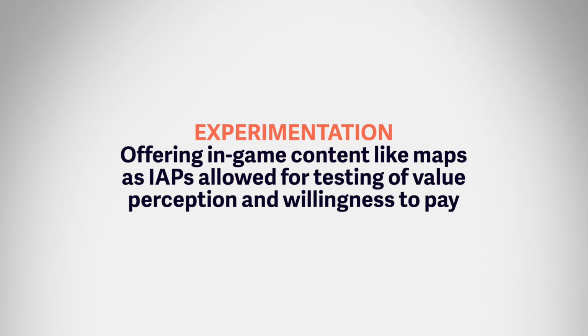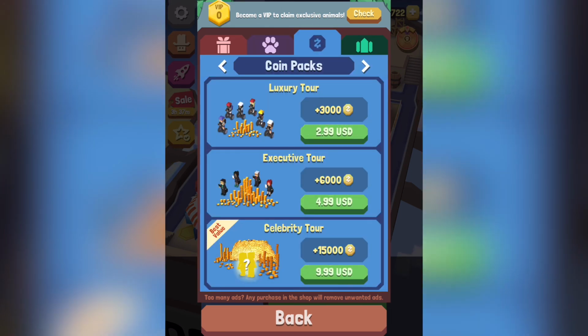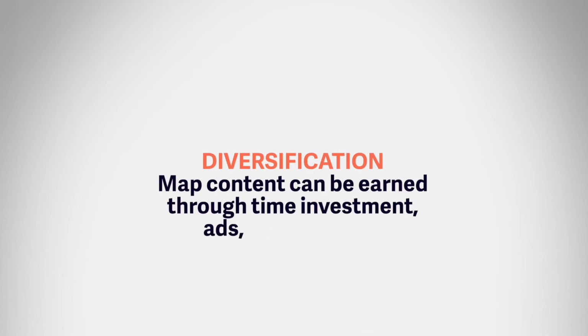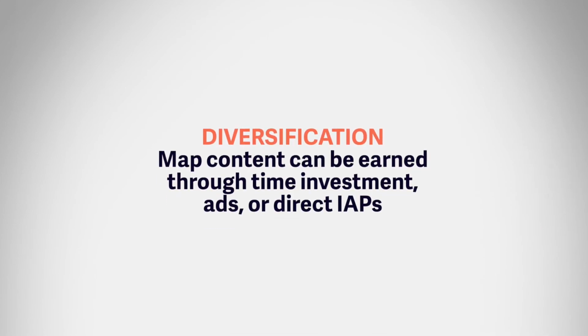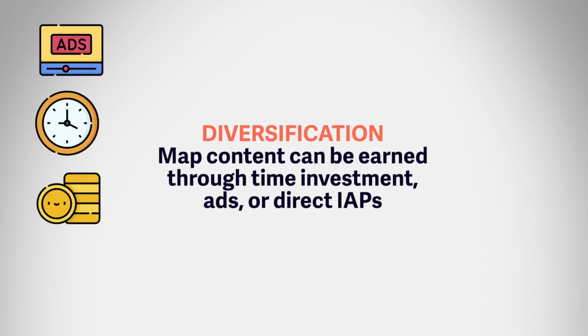Thus, we were evolving our monetization strategy from a point whereby highly desirable content such as maps could primarily only be obtained via gameplay with some ad options, to a more diverse strategy where map content, which is highly desirable, can now be obtained via time investment, ad investment, or directly via IAP.